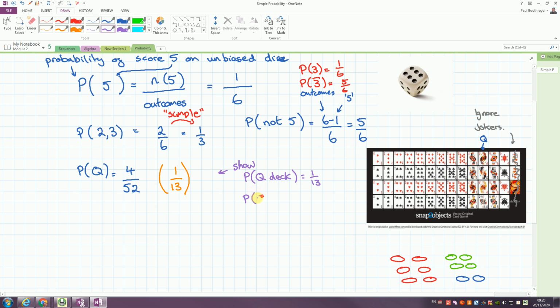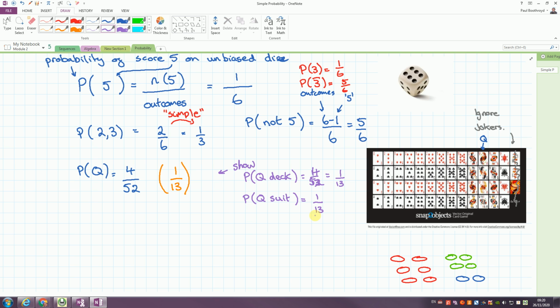The probability of a queen from a suit, take one suit, one queen, 13 cards in the suit. So the probability of a queen from a deck is the same as the probability of the queen being drawn from a suit.